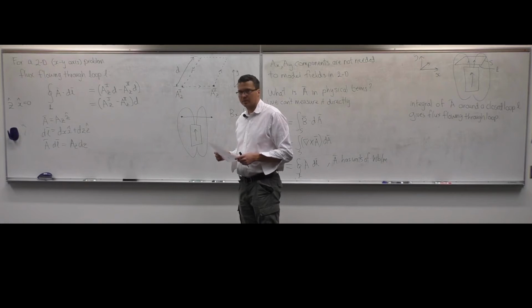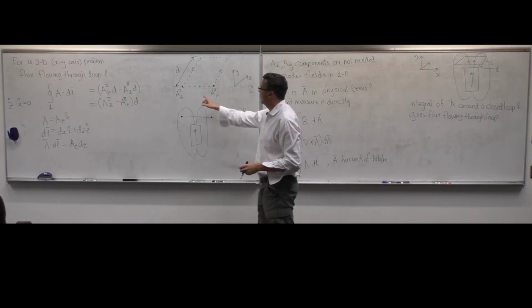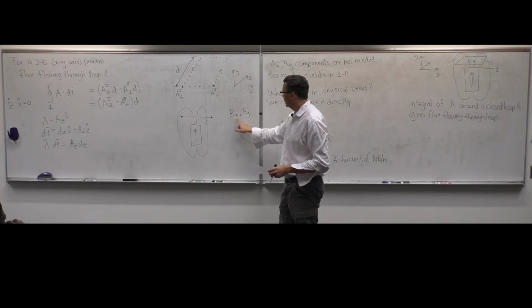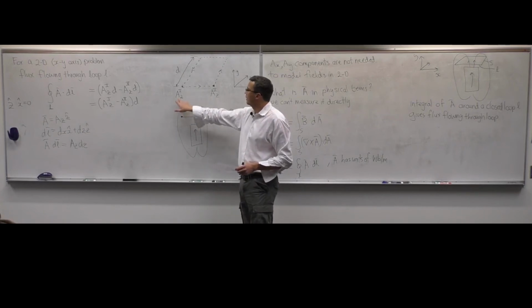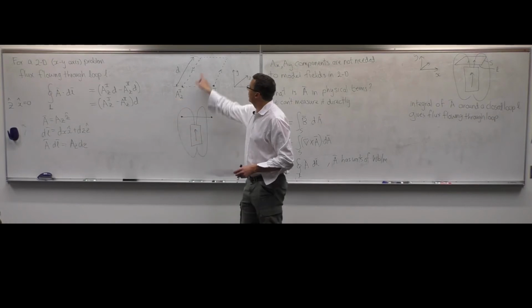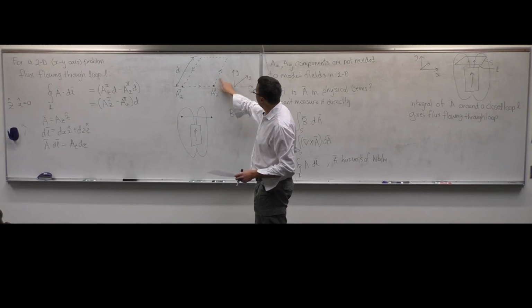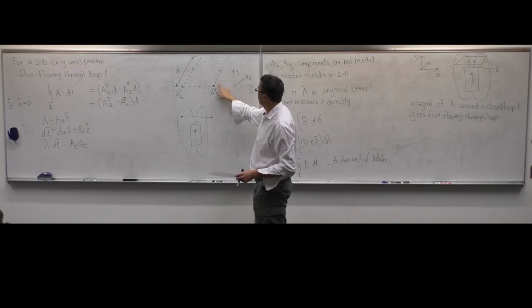Okay, any questions? Does that make sense? In 2D, because it's only got a Bx and a By, you only have the z component. So if you were to evaluate the integral around here, along this path, along this depth, the AZ can't change, right? Because it's a constant. It's a 2D problem.